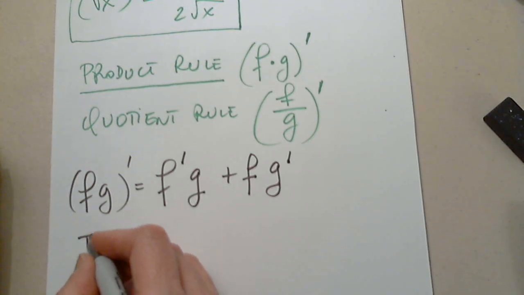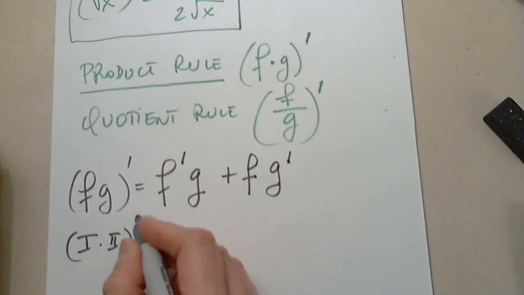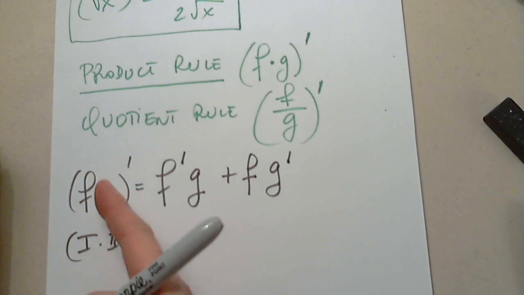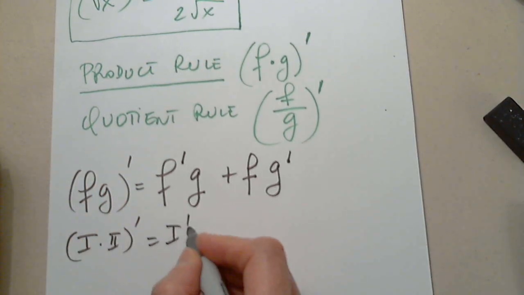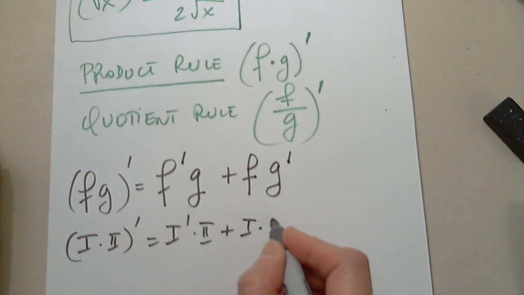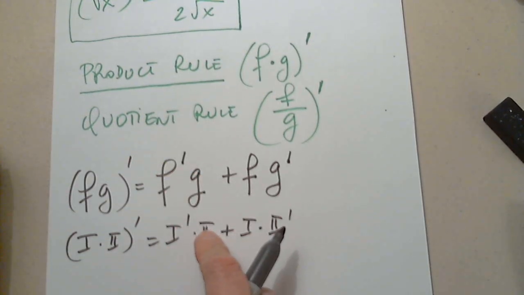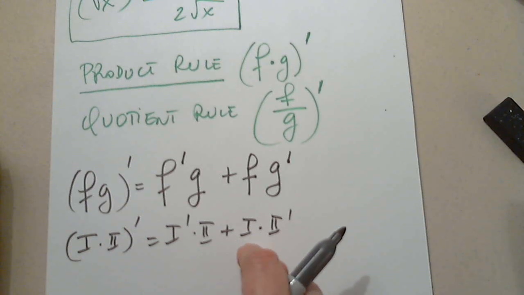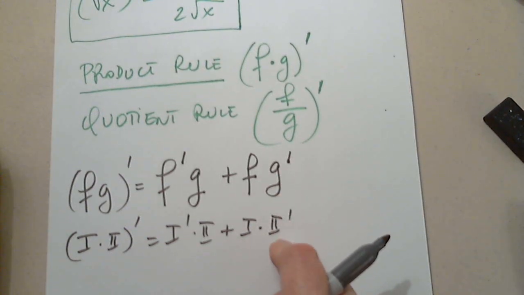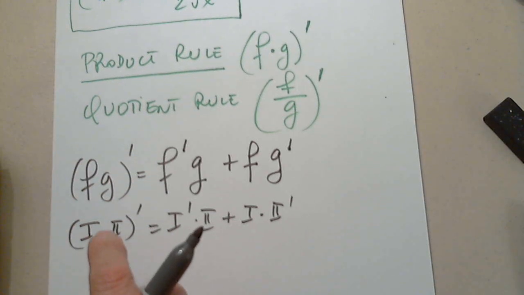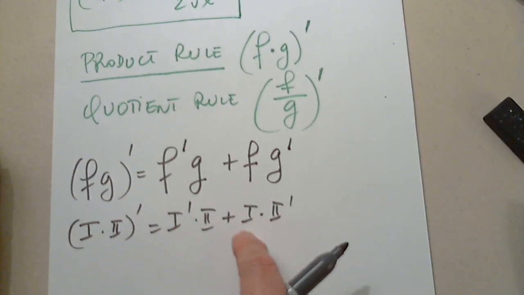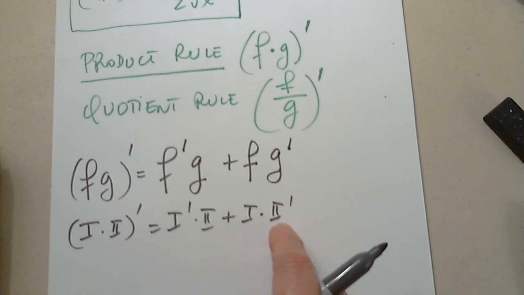I prefer 1 times 2, function 1 times function 2. 1 prime times 2 plus 1 times 2 prime. 1 prime times 2 not differentiated plus 1 not differentiated, but this time 2 differentiated. 1 prime times 2 plus 1 times 2 prime.